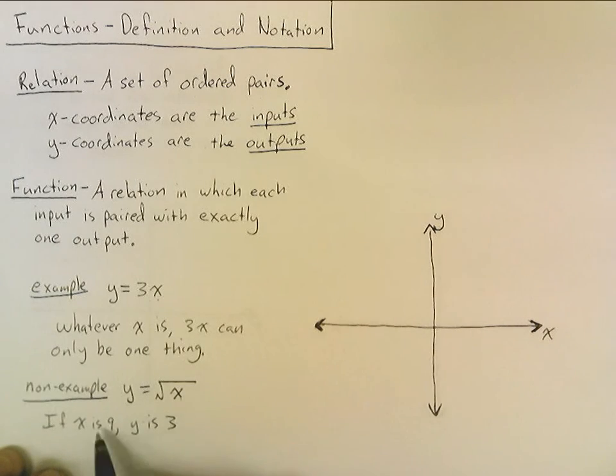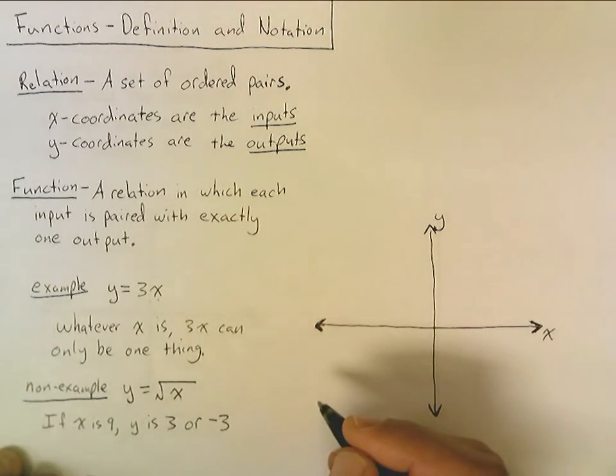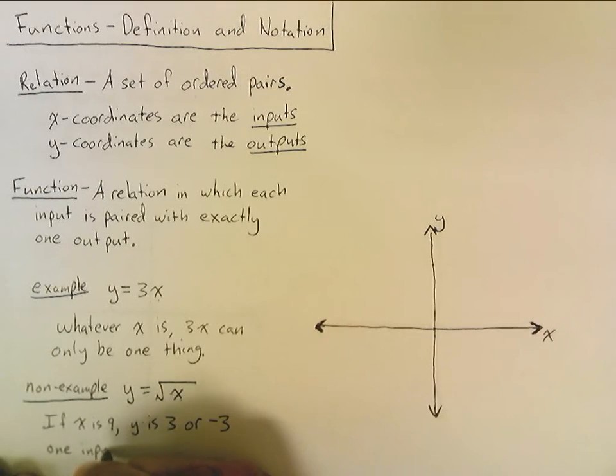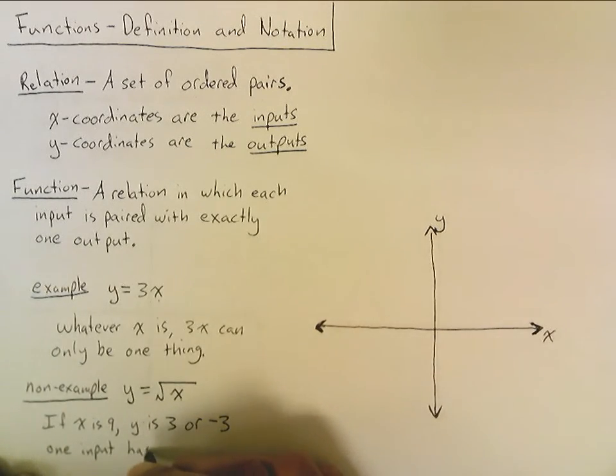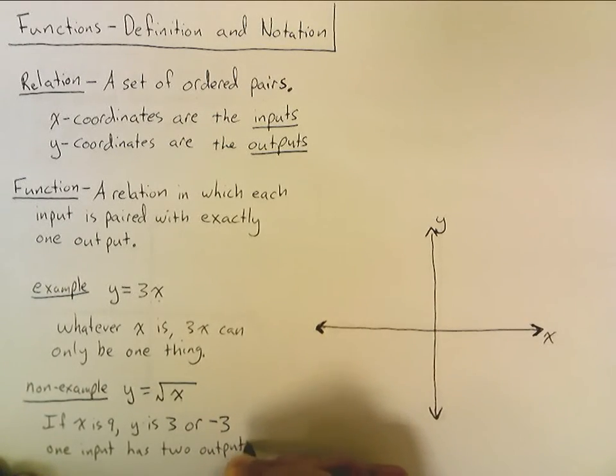Because 3 happens to be the square root of 9. But what about negative 3? If we square negative 3, we also get 9. So really, 9 has two different square roots, 3 and negative 3. So here we go. We have one input, which is 9, but that one input has two outputs. Therefore, it's not a function.